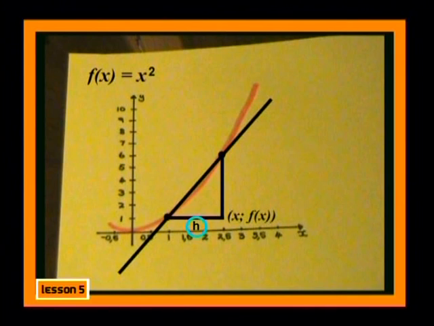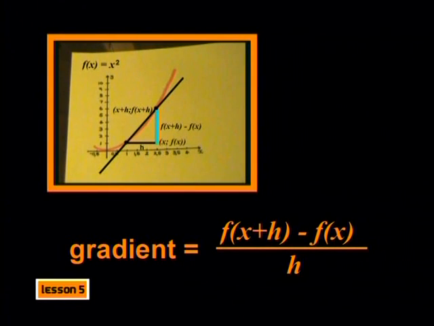If the horizontal change is h, then the x-coordinate of this point will be x plus h, f of x plus h. The vertical change is then f(x plus h) minus f(x), which gives me the gradient, which is equal to f(x plus h) minus f(x), divided by h.